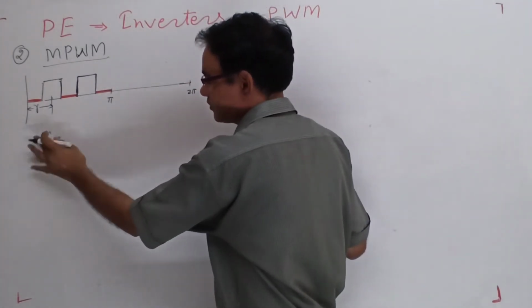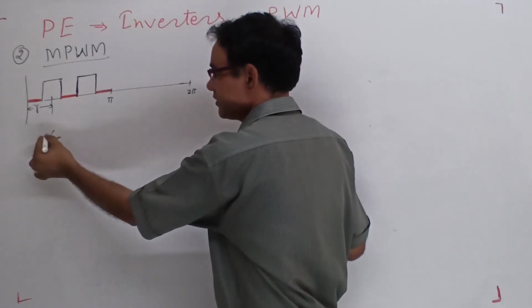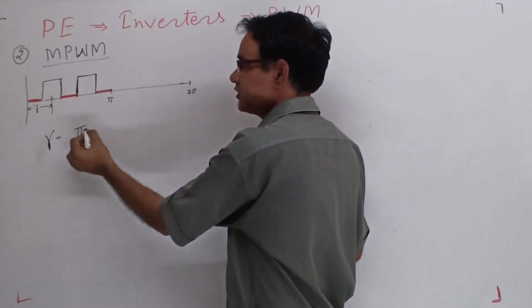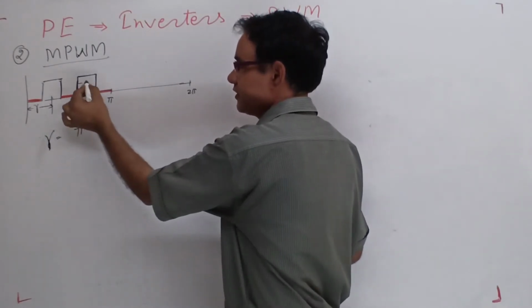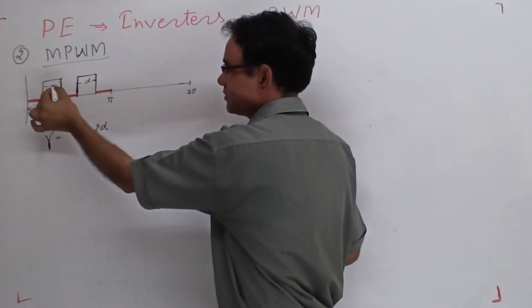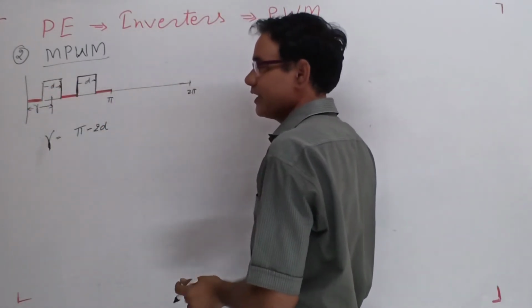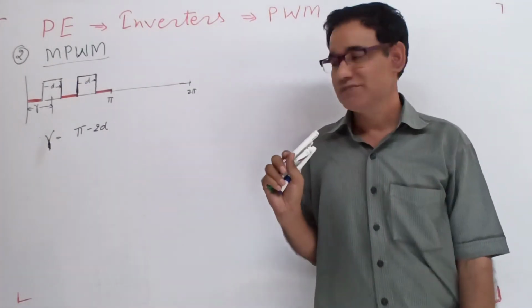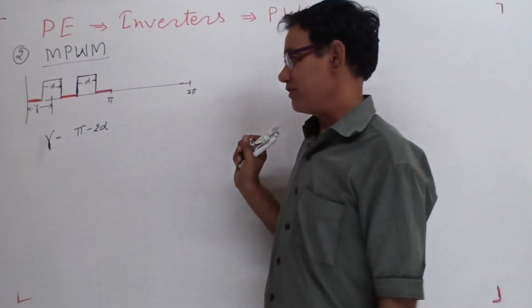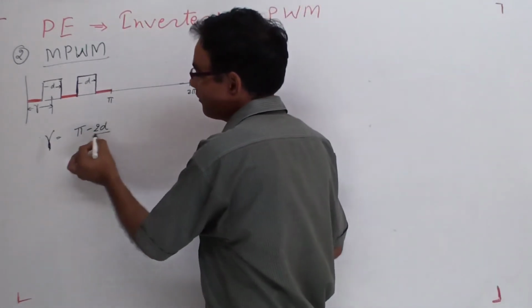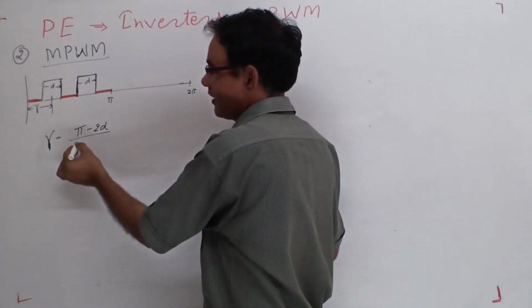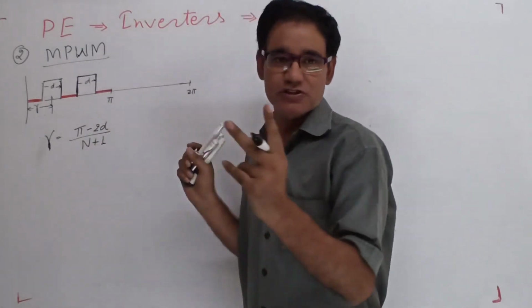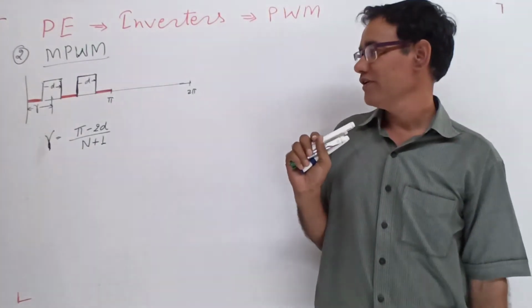The angle gamma is equal to pi minus 2d, where this pulse width is d and this pulse is d, so the remaining portion is the red one, divided by the number of pulses n plus 1. There are 2 pulses, so divided by 3.